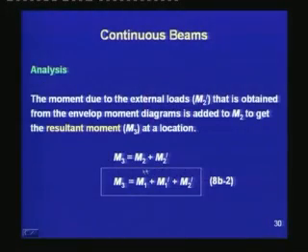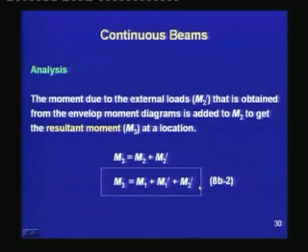Thus, M3 is equal to M2 plus M2 prime, and since M2 is equal to the moment due to the prestressing force alone plus the moment due to the reactions, M3 is equal to M1 plus M1 prime plus M2 prime.